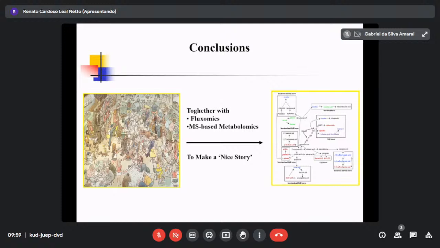Second, our current metabolomics is a snapshot, just a snapshot. There is no information about time. There is no information about space. For time, you have to use flux analysis, fluxomics: when you feed a sample, how do they behave? Of course, it's very difficult for secondary metabolites, but for primary metabolites, many people are doing fluxomics. And second is space.